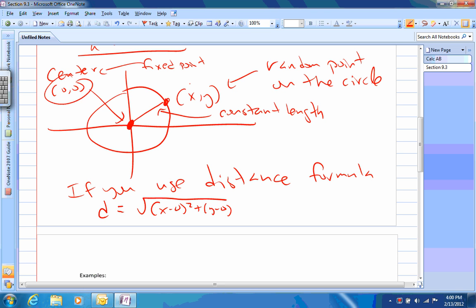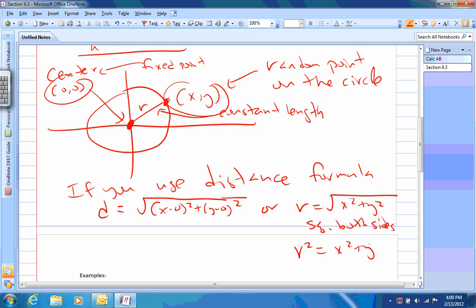So I'm finding this between these 2 points. Or r, because the distance we can call r, equals the square root of x squared plus y squared. If you square both sides, very simple, r squared equals x squared plus y squared. And that's the equation of a circle.